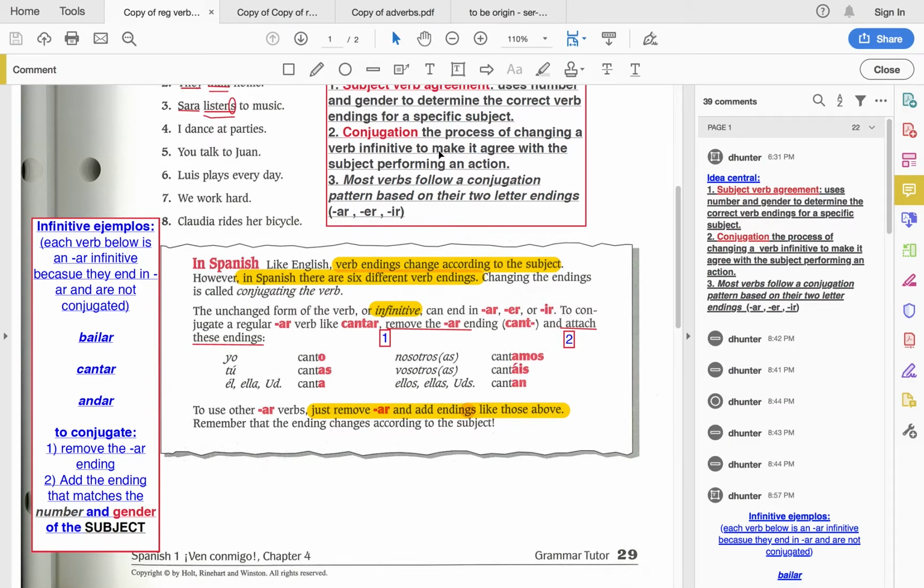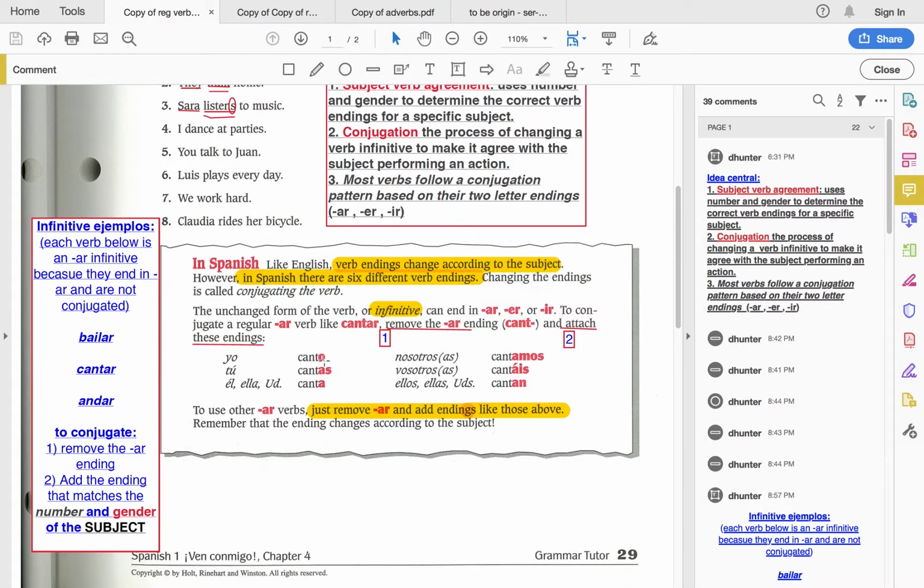Again, it's the process of taking an infinitive like bailar, cantar, or andar and removing the ending and attaching the correct ending. If we were to go over this, we would see that the following are examples of infinitives. Each verb below is an infinitive because they end in AR and are not conjugated, meaning they haven't shown us who our subject is by their ending.